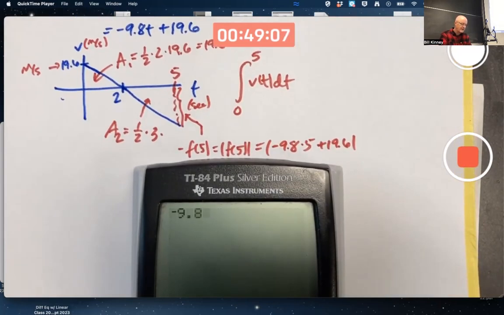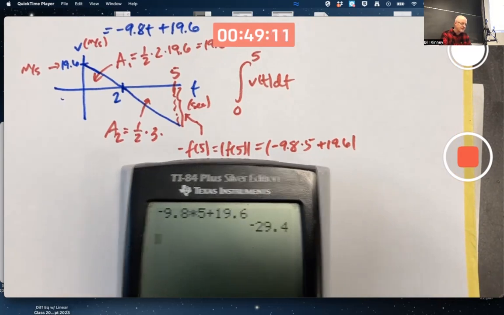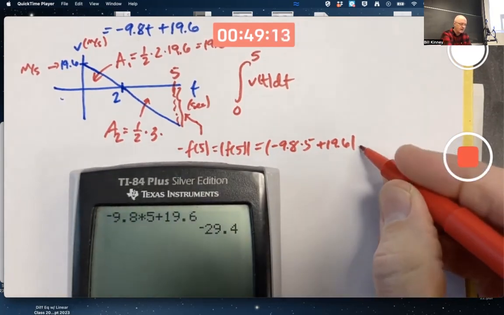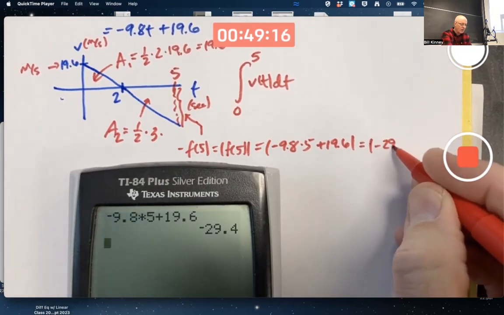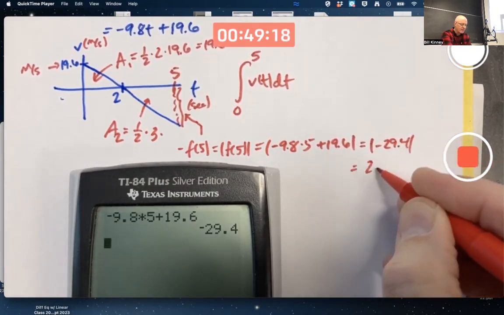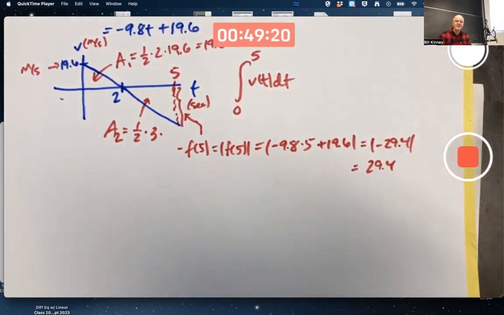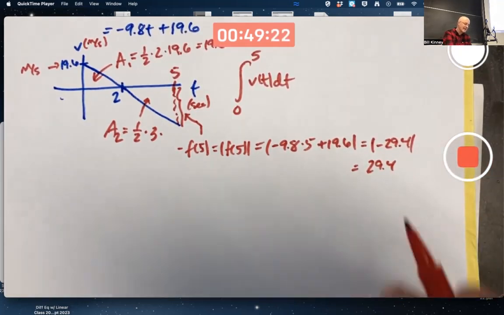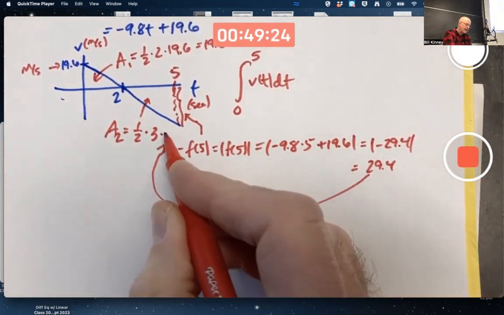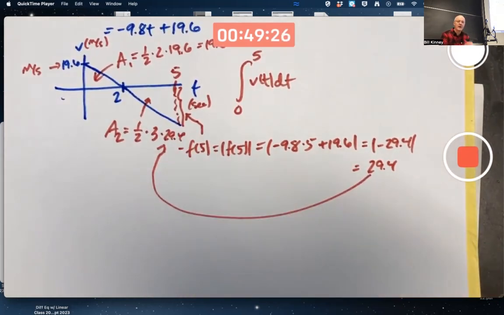Negative 9.8 times 5 plus 19.6. So this is the absolute value of negative 29.4, which is positive 29.4. That's the height. And that's what's got to go right there for the area, 29.4.